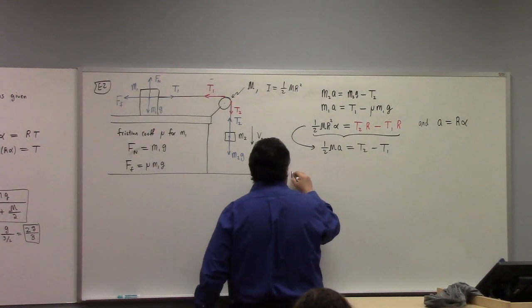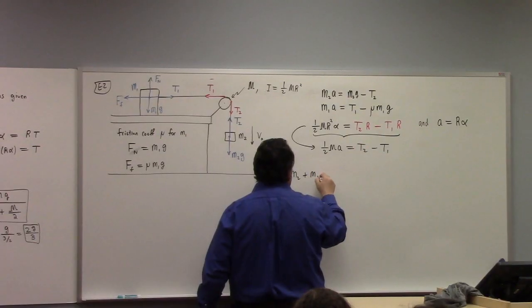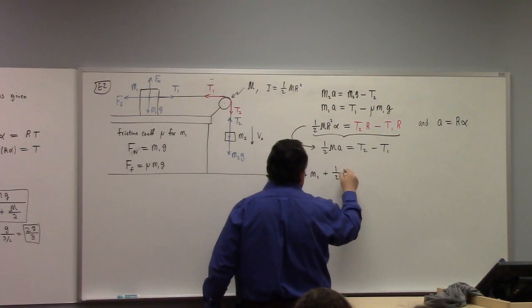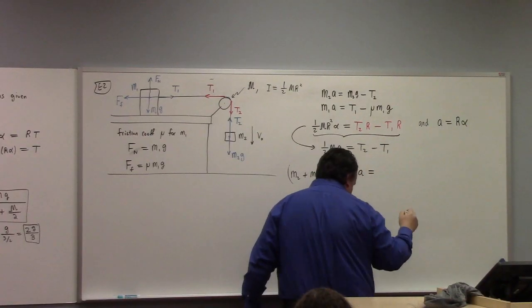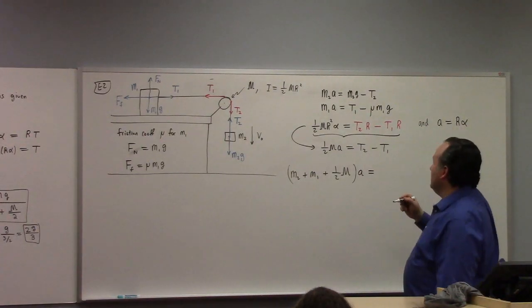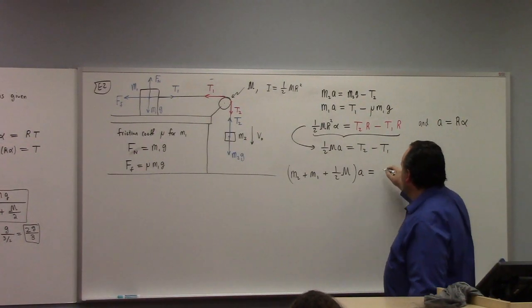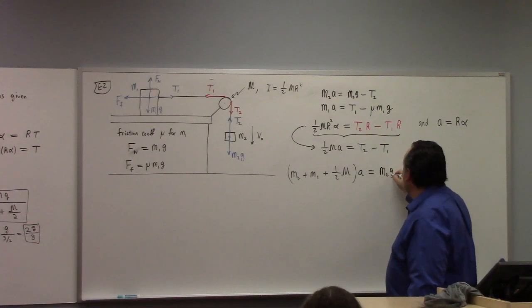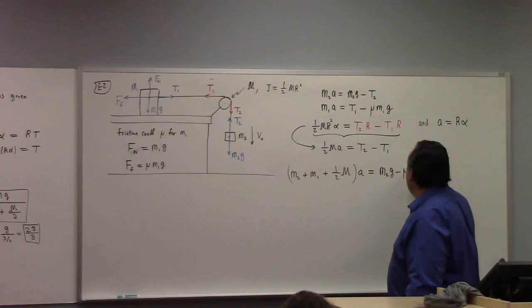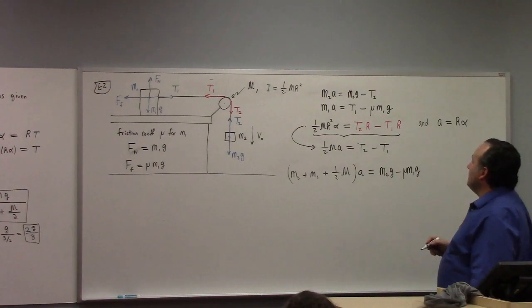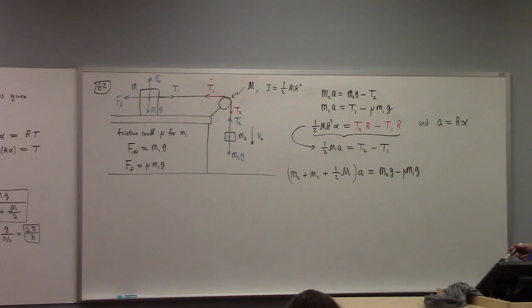I get M2 plus M1 plus 1/2 big M, all times A. You said the T's disappear. I think you're right. We get M2 G minus mu M1 G, right?